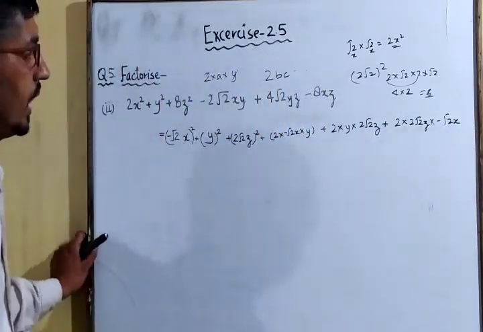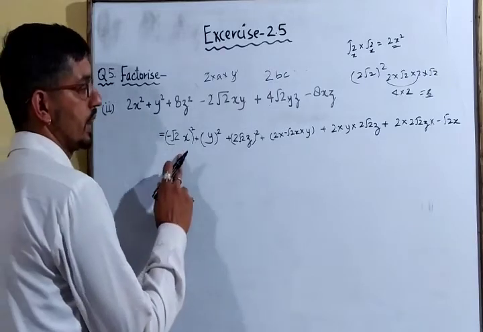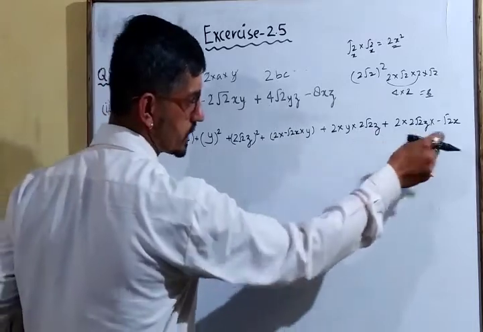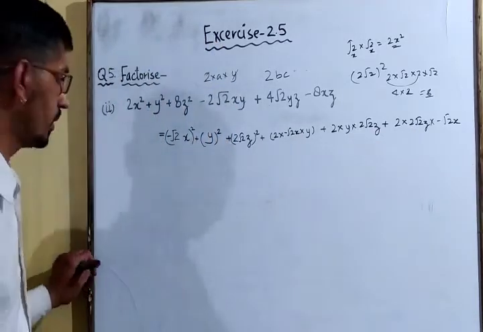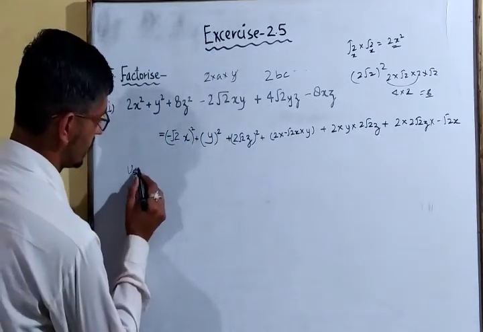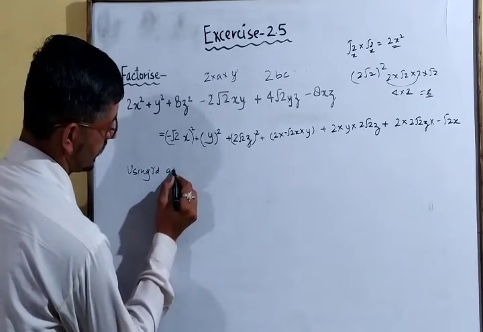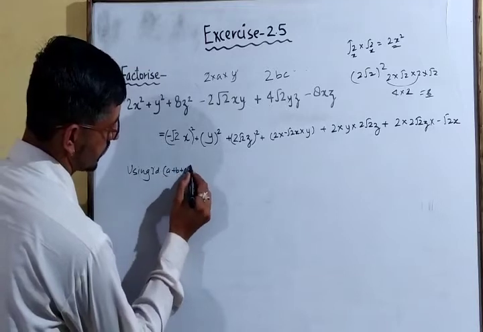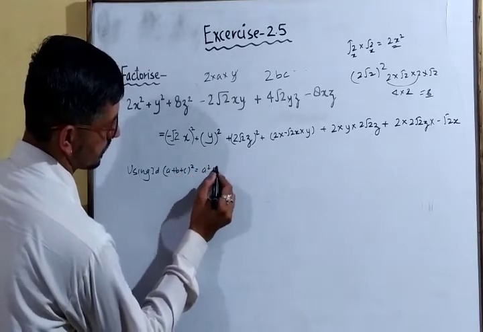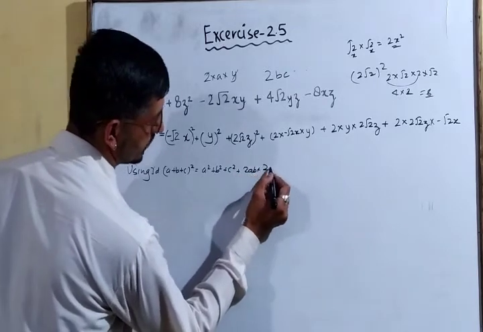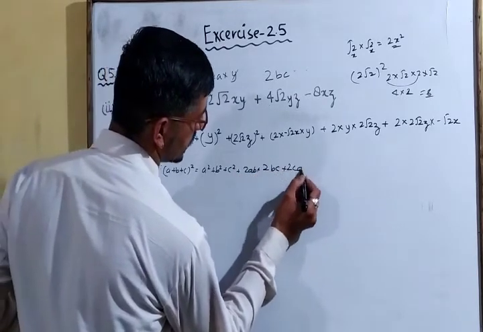Okay, now it is making a square, b square, c square, 2ab, 2bc, 2ca. So using identity, which identity? A plus b plus c to the power 2 is equal to a square plus b square plus c square plus 2ab plus 2bc plus 2ca.